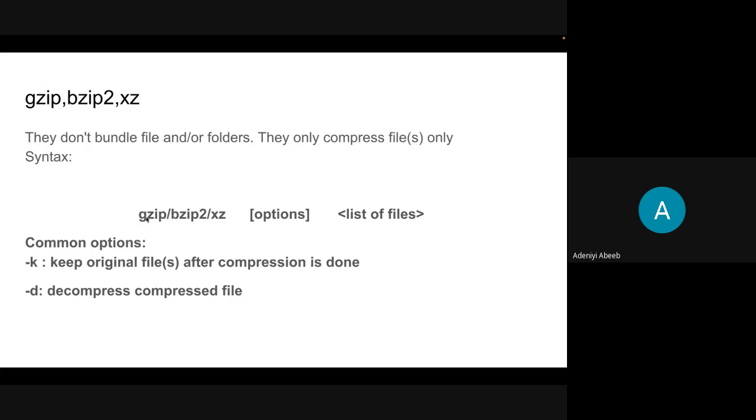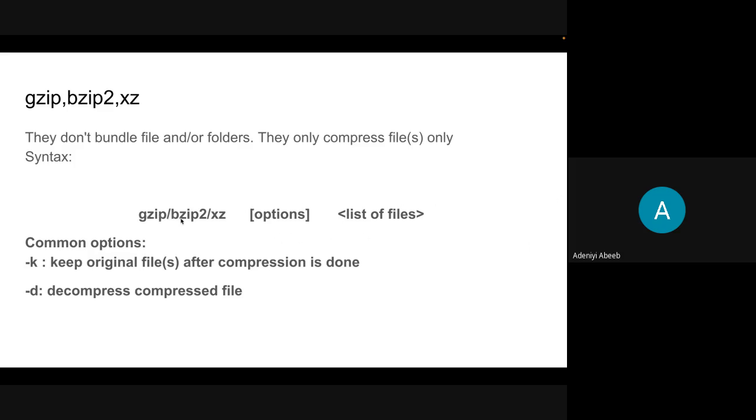And this is the general syntax. I bundled all of them together because their syntax is very, very similar. The only thing that changes is the name. So if you're interested in using gzip compression, just use gzip and keep all the other things constant.